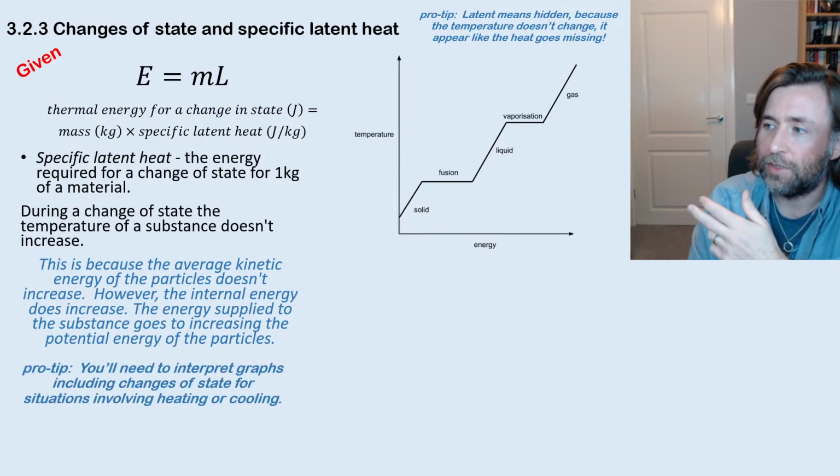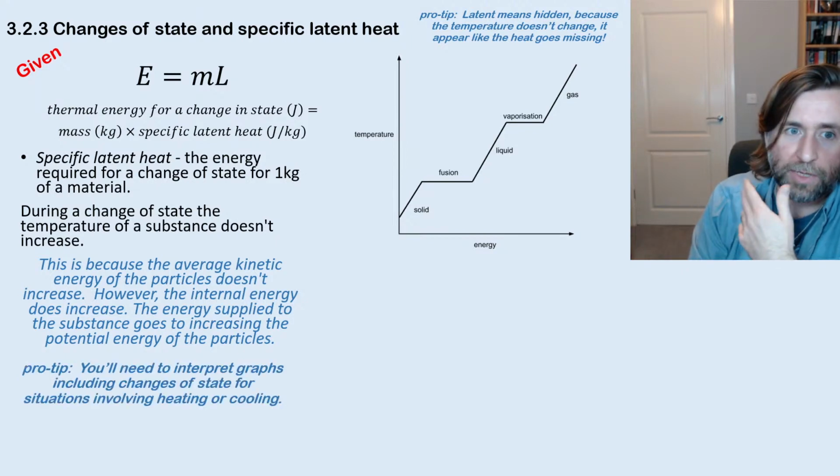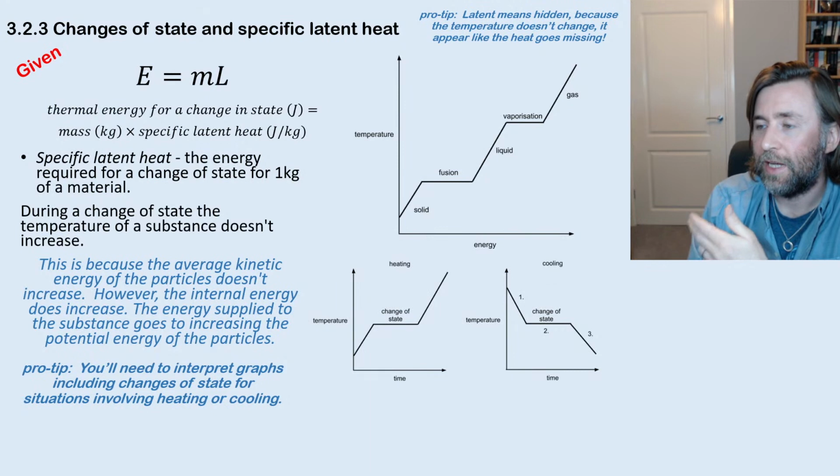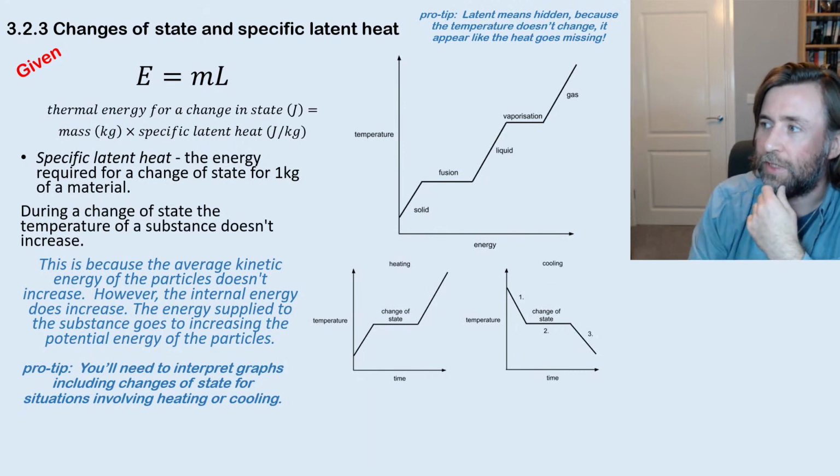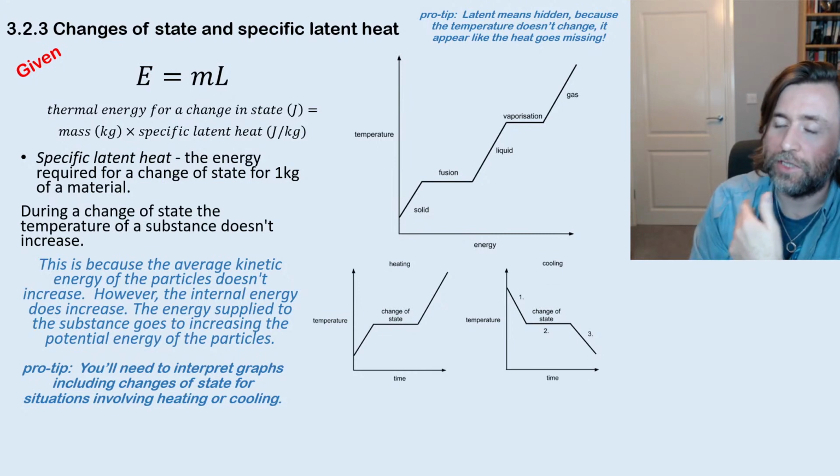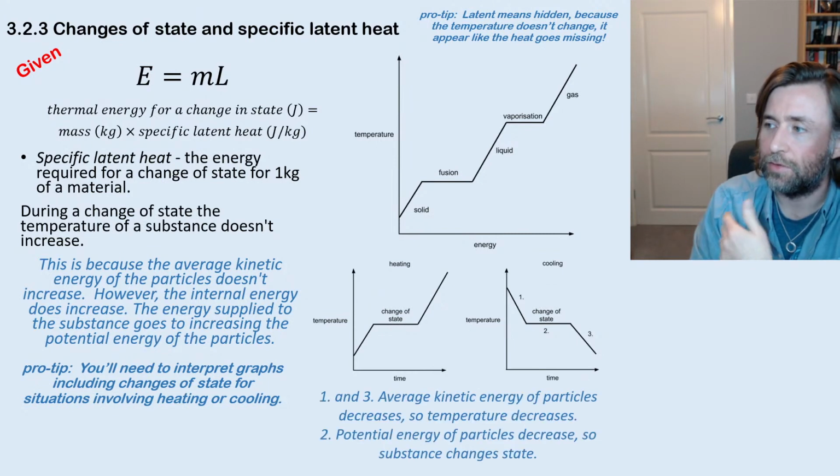But internal energy is made up of 2 things. It's made of the kinetic energy of the particles, and it is made of the potential energy of the particles. So actually, in a change of state, the energy goes into changing the potential energy of the particles rather than the average kinetic energy.